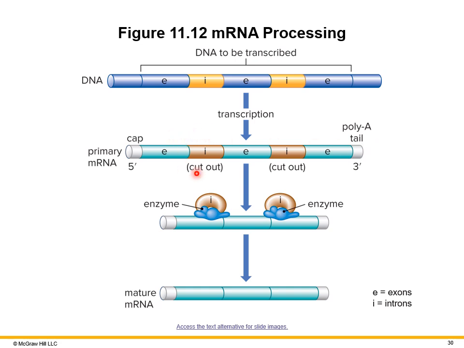Next, the introns, which are the non-coding regions, are going to be cut out, and the remaining exons are going to be spliced together, glued together. Now we have our mature mRNA ready to leave the nucleus and enter the cytoplasm, being able to survive.